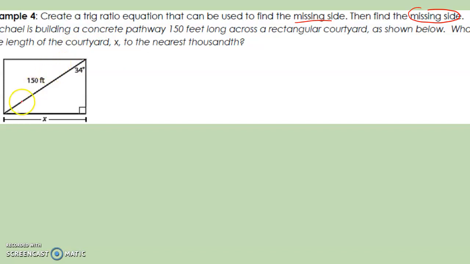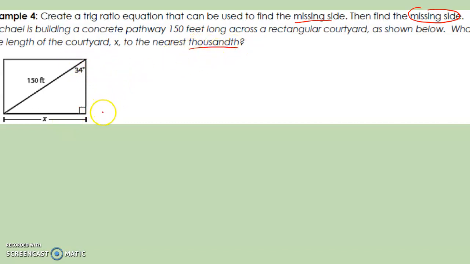So he's building a concrete pathway that's 150 feet long across a rectangular courtyard. We love to talk about courtyards. We're talking about the diagonal here. Remember, rectangular means that our angles are 90 degrees, so we can use right triangle trig here. What is the length x of the courtyard to the nearest thousandths?